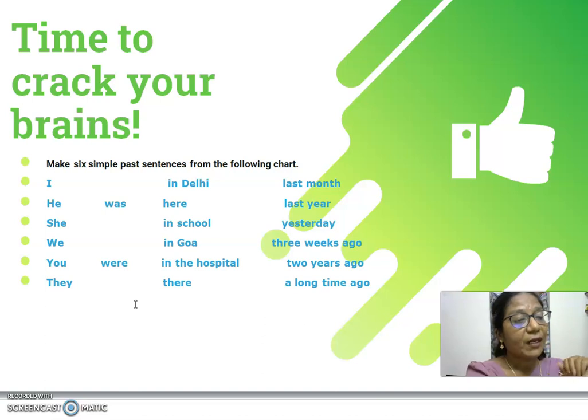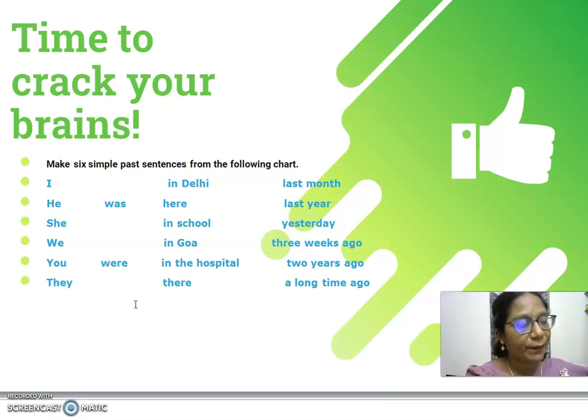There are just words indicating places here and there. And the last column you have got last month, last year, yesterday, 3 weeks ago, 2 years ago, a long time ago, which refers to the period, the time.